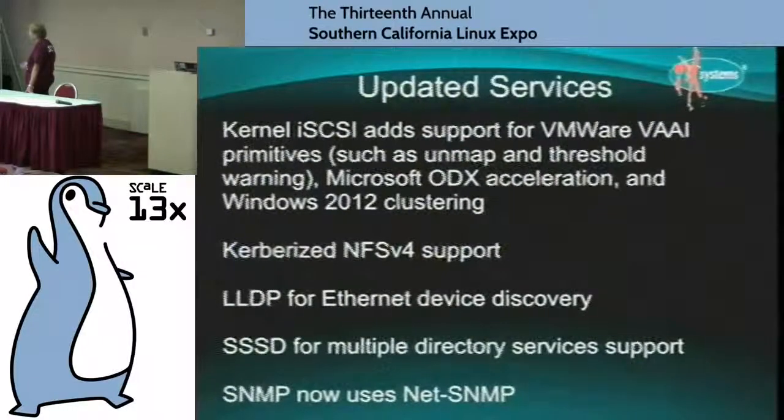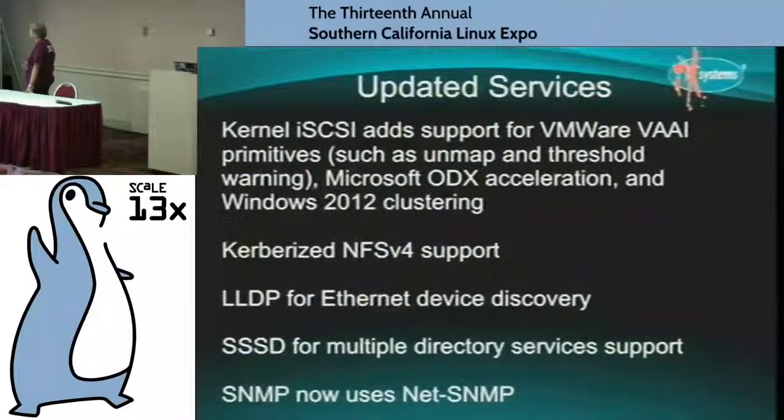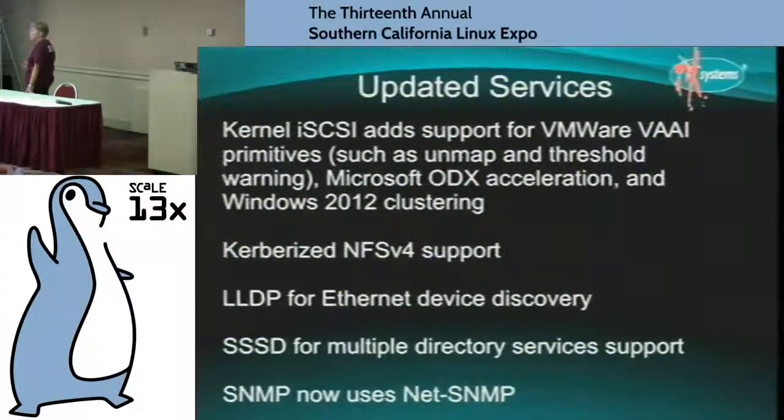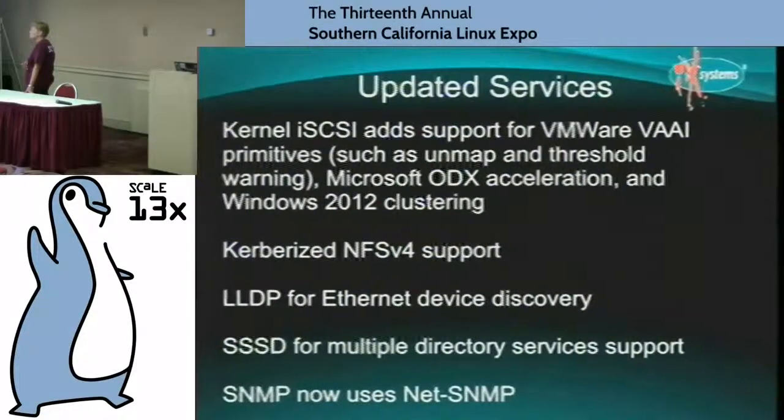We now have NFS version 4 support, and it does support Kerberos. We've added the LLDP protocol, so you can discover the Ethernet devices on your network. One of the limitations of 9.2 is you could only integrate with one directory service.